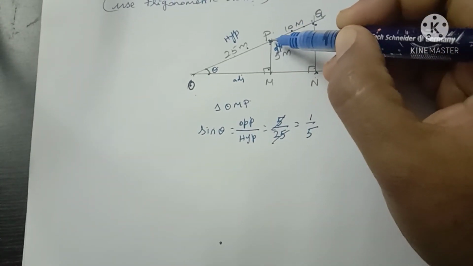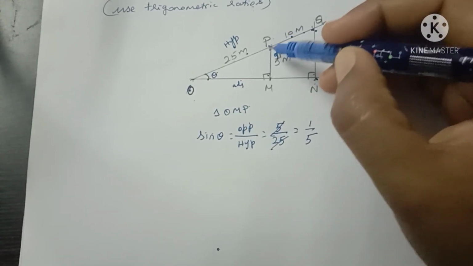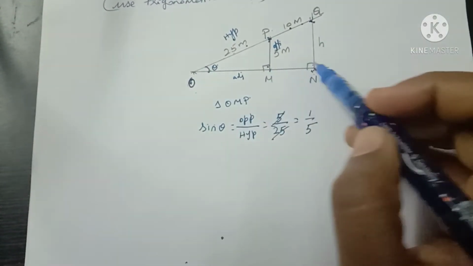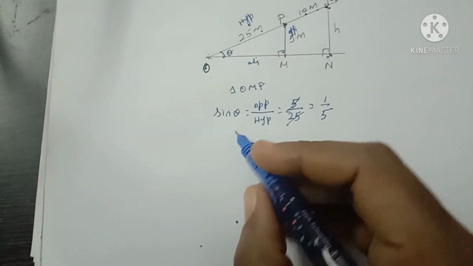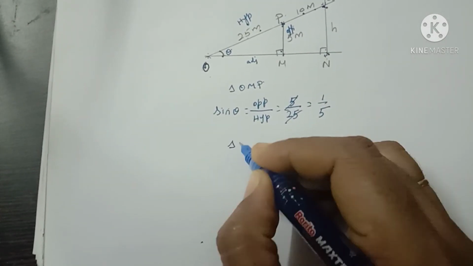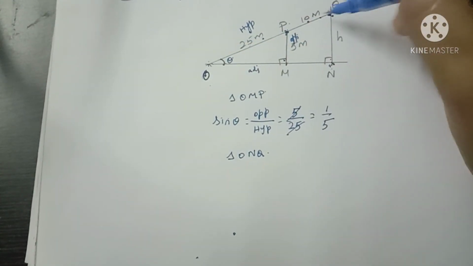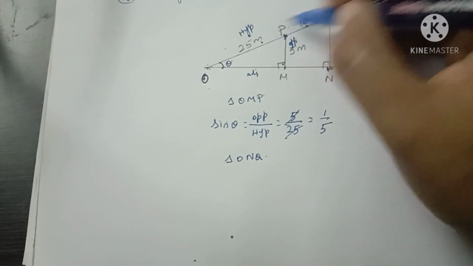When the thread is extended to 10 meter from P to Q, what is the height? So now you have to take the bigger triangle, that is triangle ONQ. If you take the triangle ONQ, again opposite to 90 degree is hypo.